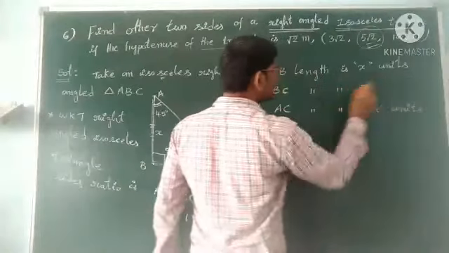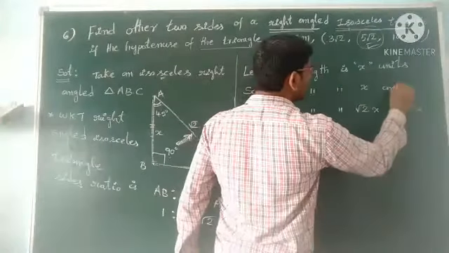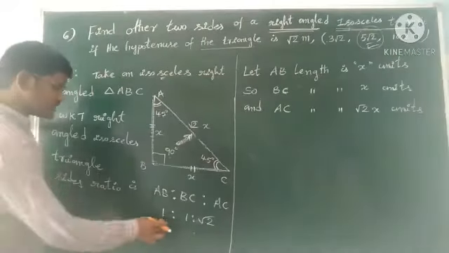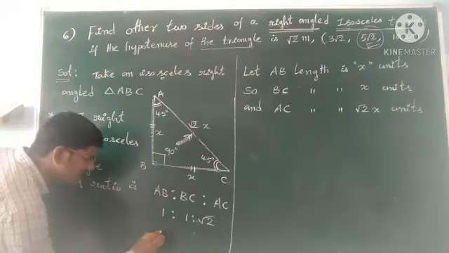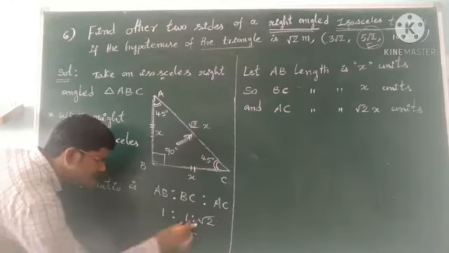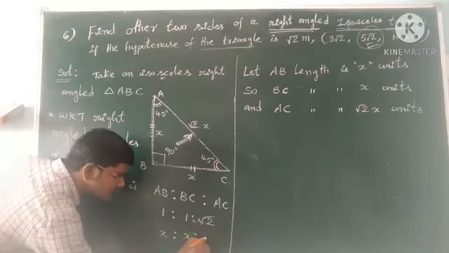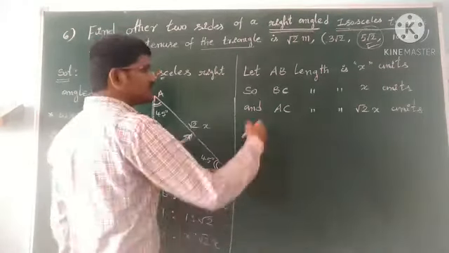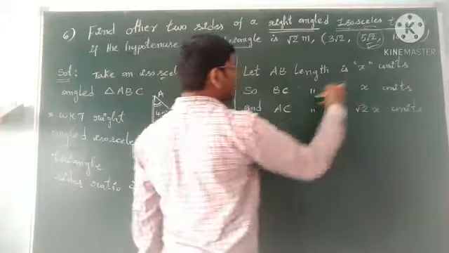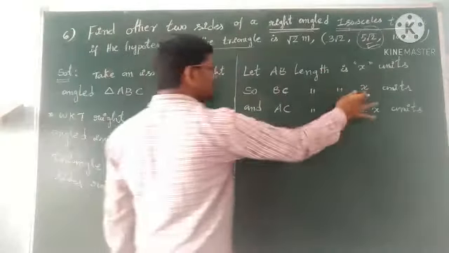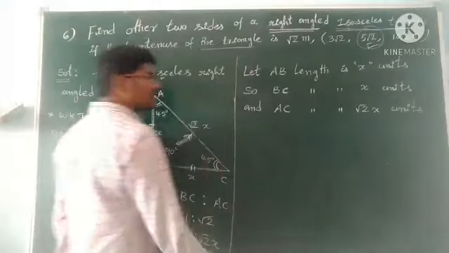In the ratio 1:1:√2, if AB length is x units, this is root 2 times, so this is root 2 into x.